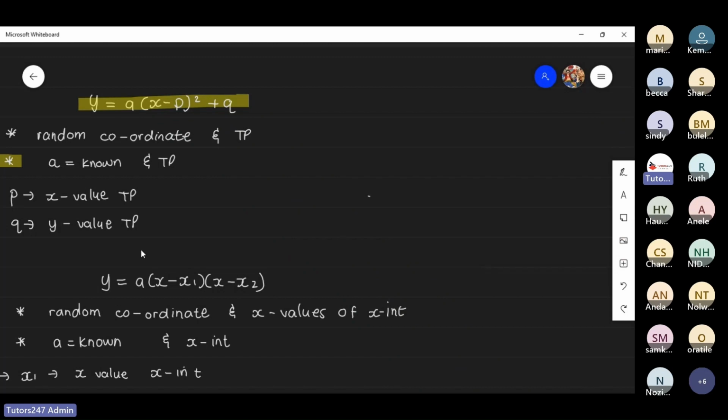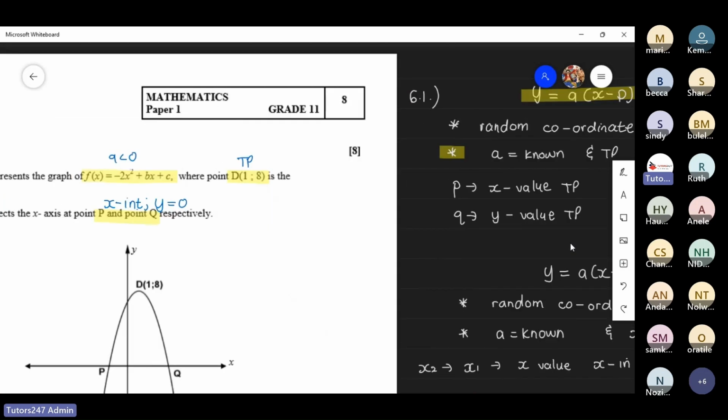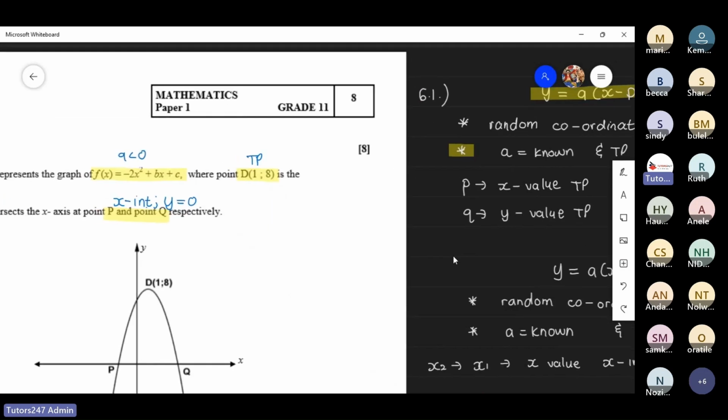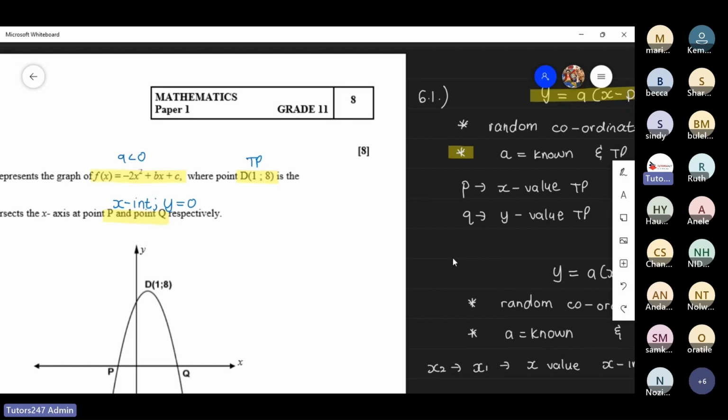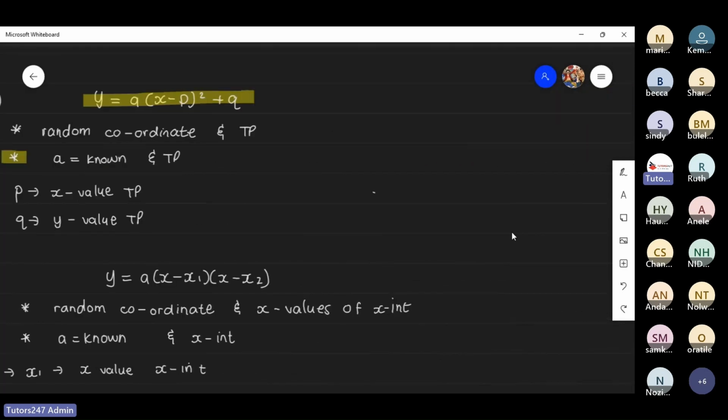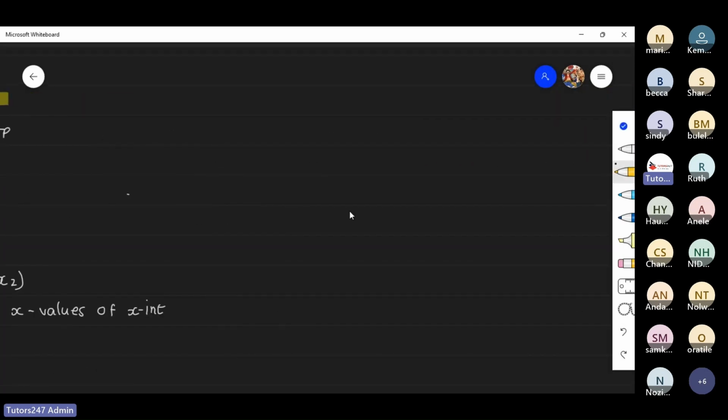So let's quickly go back and see what that information is. We can see that our value of A, which is the coefficient of x squared, is -2. And we can see that our turning point coordinates are D, which is (1; 8). So let us use that information to calculate.